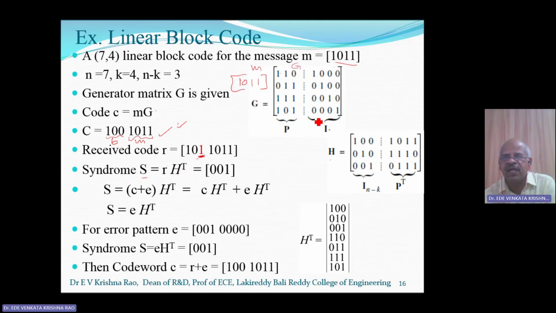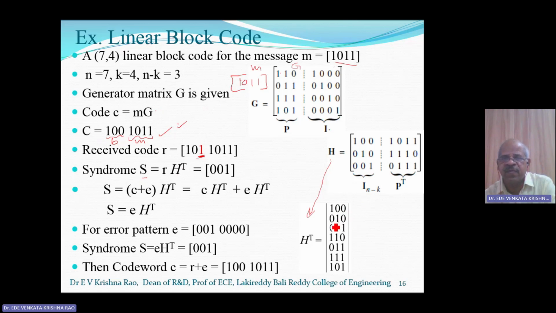You generate the I unit matrix, 3 by 3. The parity coefficients P transpose is obtained by transposing this P. Multiply the code word with this H transpose. You transpose this matrix, giving 1 0 0, 0 1 0, 0 0 1.